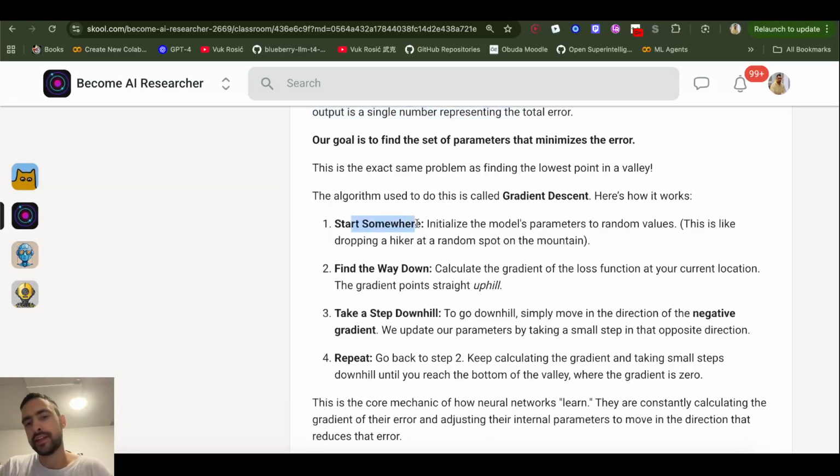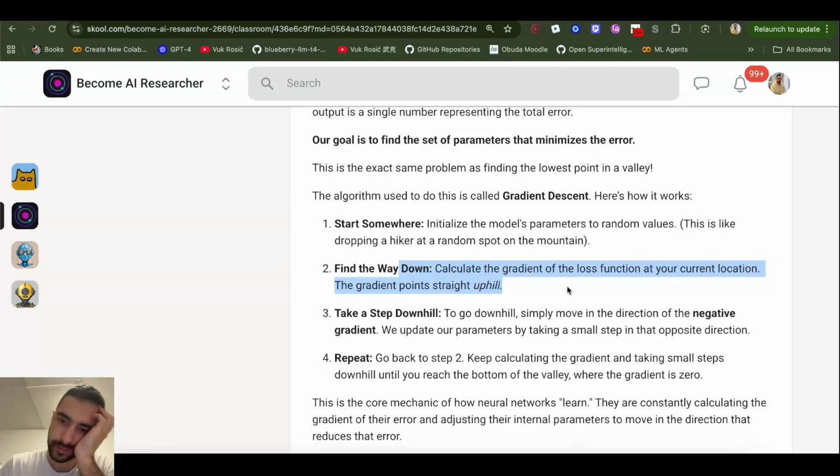So we start somewhere with maybe some random weights or random variables. We find a way down by calculating the gradient of the loss function at your current location. Remember, the gradient will point up, so we just put a negative sign in front to make it point down.